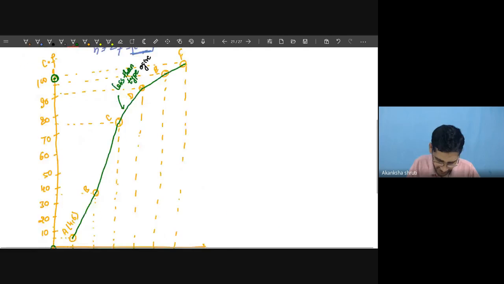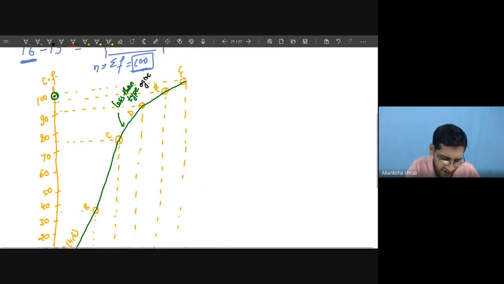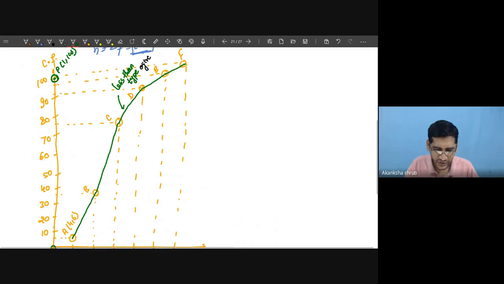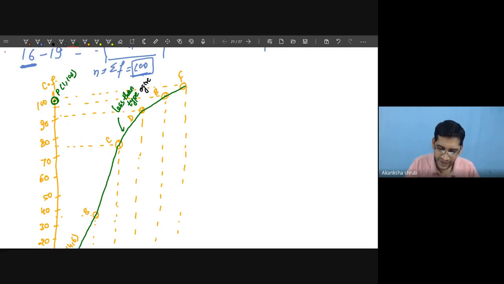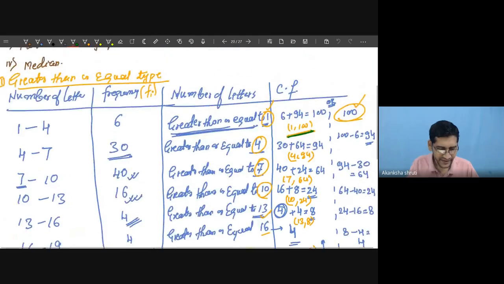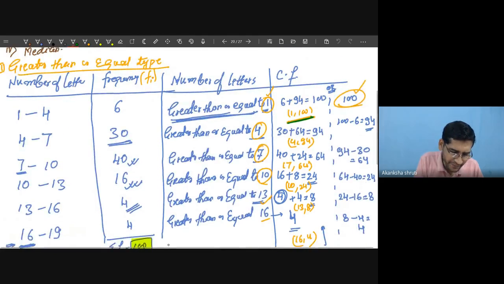The first point, for 1 it is 100. So let us write this as point P. It is our 1 and 100. From where are we writing this, students? We are writing from our greater than type. This one, we have plotted this.